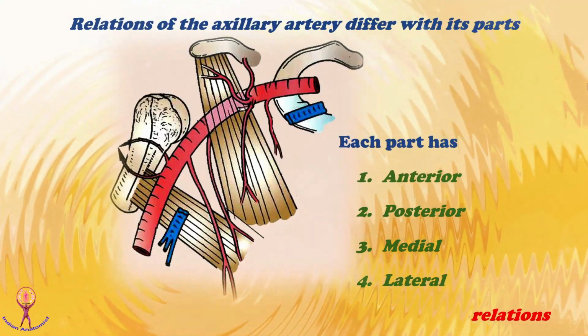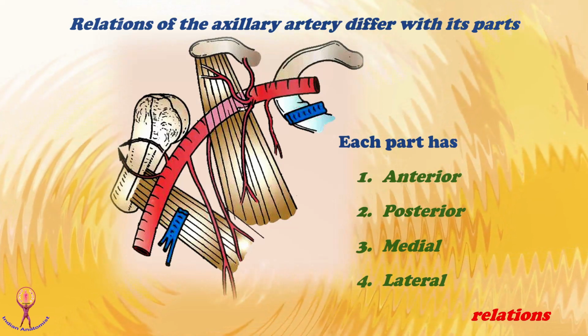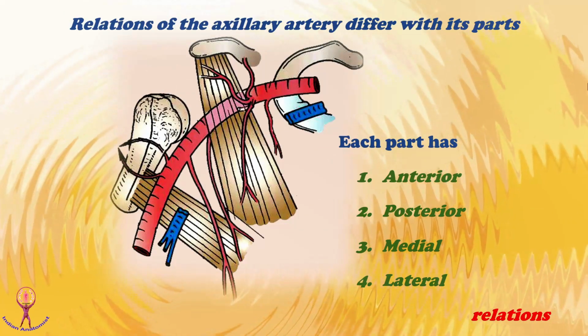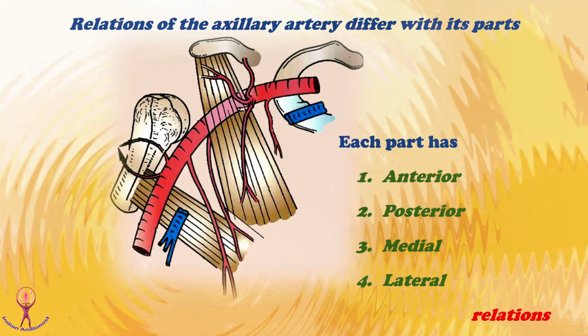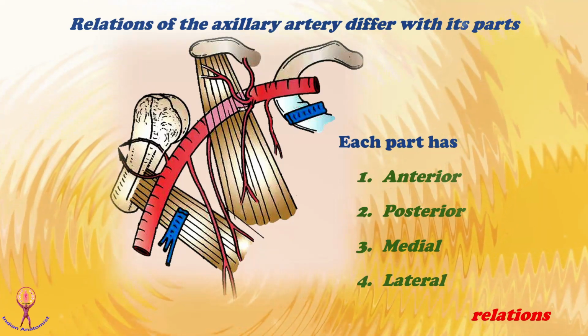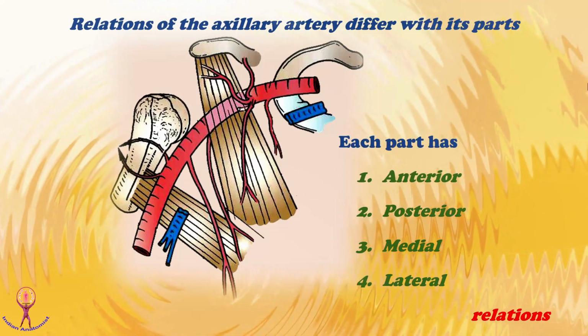Dear students, it is very important to know about the axillary artery and its relations, because it is closely associated with the brachial plexus in the axilla. There are anterior, posterior, lateral, and medial relationships for each part. The posterior and lateral relations change from part to part, but the anterior and medial relationships stay the same, except a few.